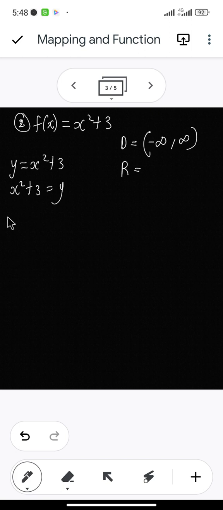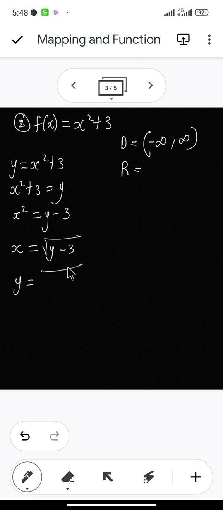Now when this crosses over, x squared is equal to y minus 3. Now x becomes the square root of y minus 3. Just another step, interchange x for y and y for x. So y becomes the square root of x minus 3.